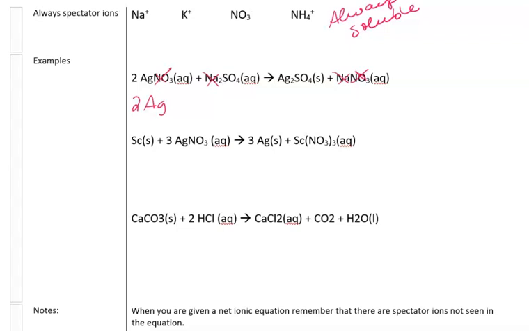If I have only 1 silver ion and 1 nitrate ion, then that silver ion must be a +1. And sulfate, SO4, is a -2. And that makes sense because over here, I've got Ag2SO4 as my solid. 2 silver ions and 1 sulfate ion, 2 +1s and a -2.